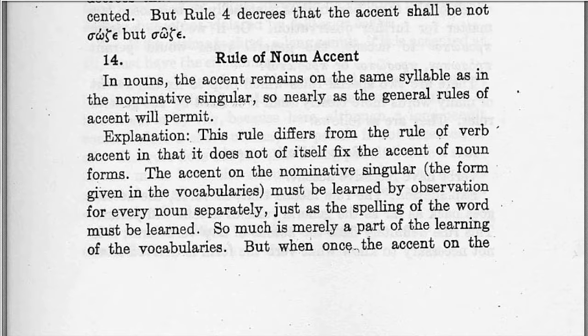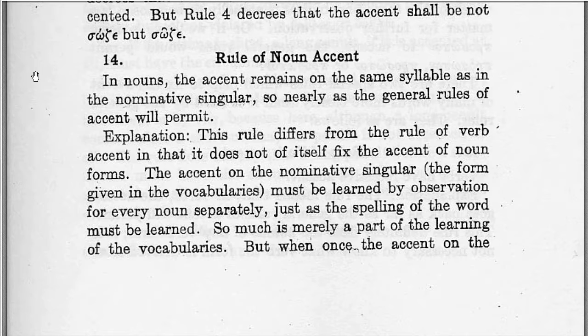Paragraph 14. Rule of Noun Accent. In nouns, the accent remains on the same syllable as in the nominative singular, so nearly as the general rules of accent will permit. Whoa, you might be saying, what's a nominative singular? Well, you're going to learn that. You're going to find out that nouns include the gender, number, and case.